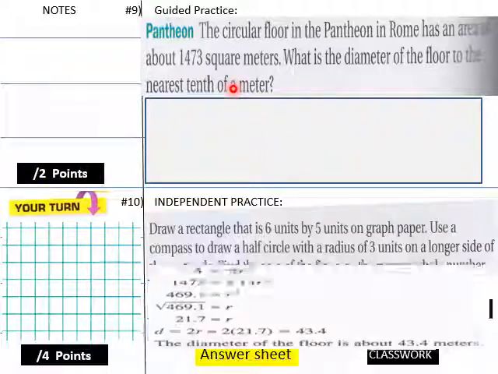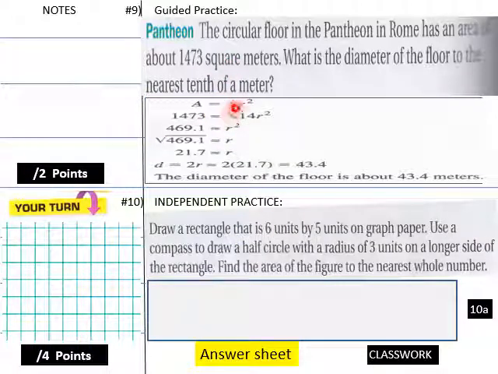So for the Pantheon, we have area equals pi r squared. We have 1473 equals 3.14 r squared. And we're going to divide through by 3.14. We get 469.1 equals r squared.